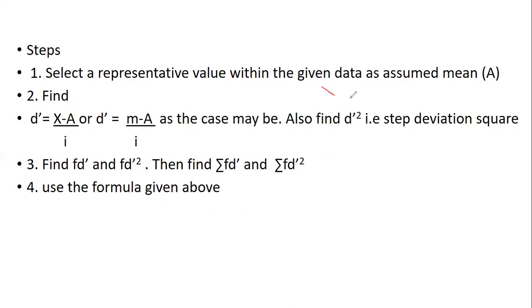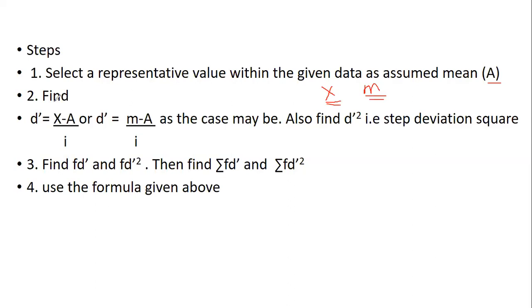Out of the x values, you have to find one value as assumed mean. When it comes to continuous data, you have to find the assumed mean from the midpoint. I'll repeat this again: you have to allot a value as assumed mean from x in discrete series, from midpoint in continuous series. So that is the first step.